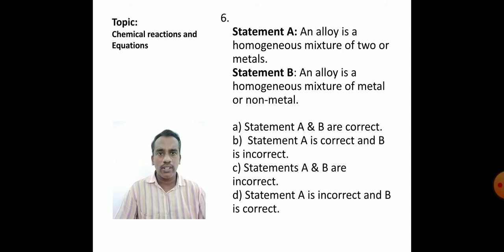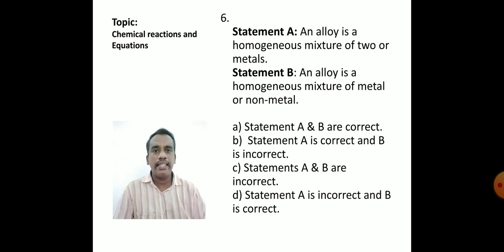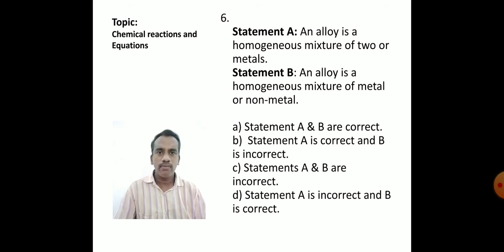Alloying is the process in which a metal is mixed with what and what? Before we see that, let us take some explanation. Pure iron does not have high strength, so it is mixed with a very small amount of carbon, which increases the strength of the iron. It is then called steel.